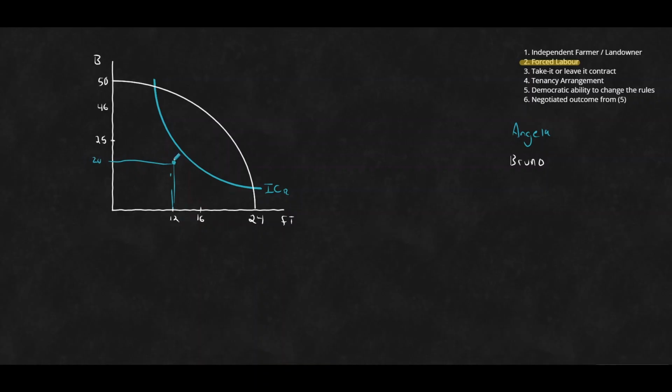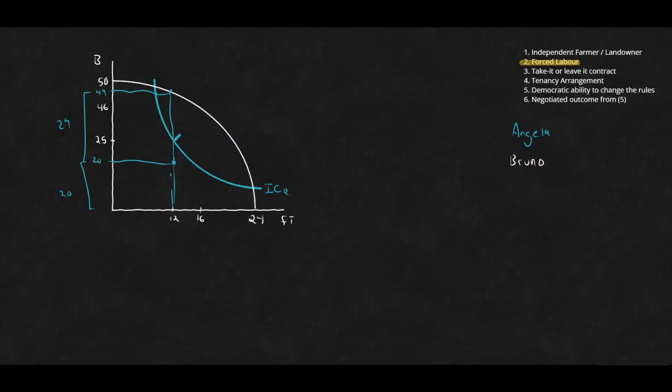Angela would be producing all the way up here. She would be producing something like, I don't know what that would be, 49, right? The result is Bruno would be getting 29 bushels of wheat and leaving 20 bushels of wheat for Angela for her own sustenance, her own ability to survive.